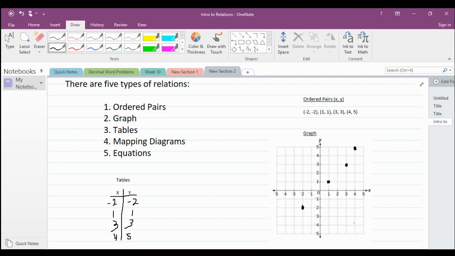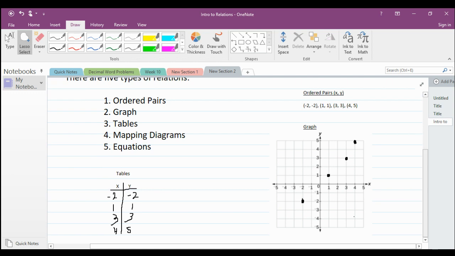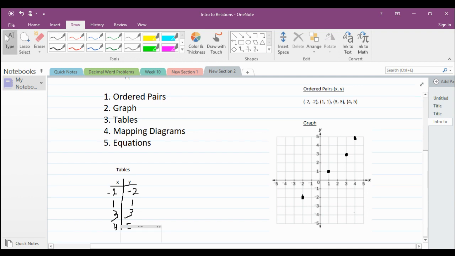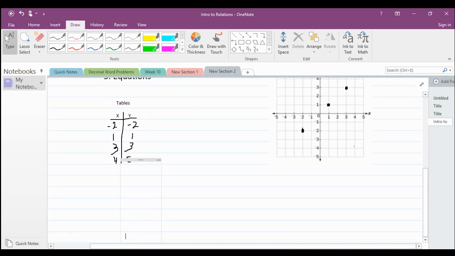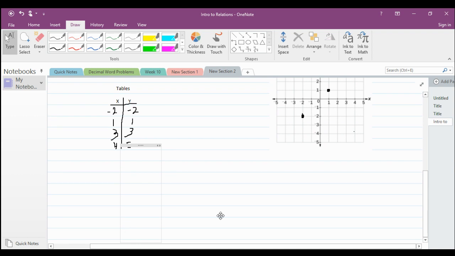The last type that we're going to talk about is a mapping diagram and then equations. So a mapping diagram is really just taking your x values and putting them in an oval and drawing an arrow to connect them to your y values. So let me get spaces down here for us. And then you're going to make sure this is in your notebook as well. So we have mapping diagram.